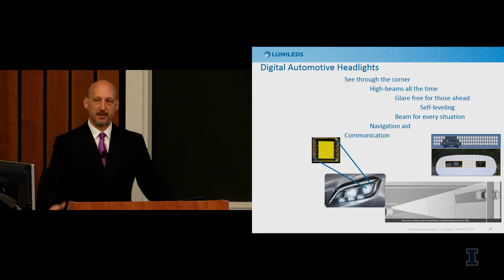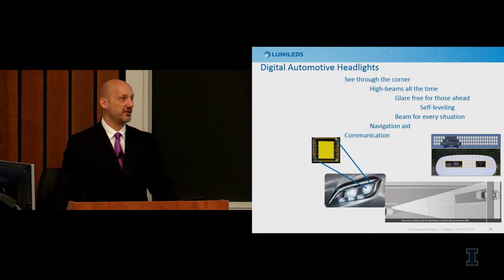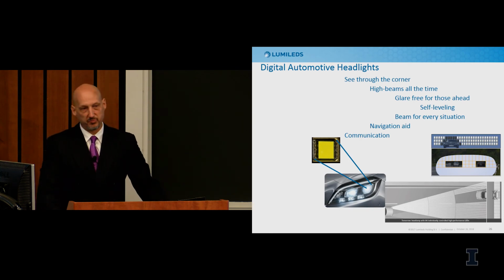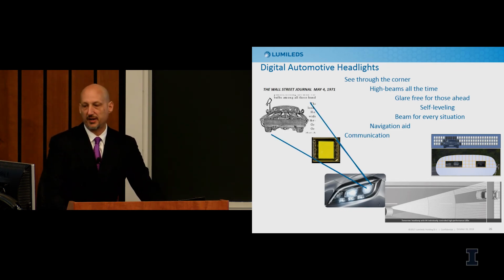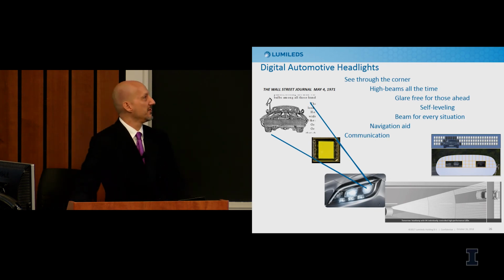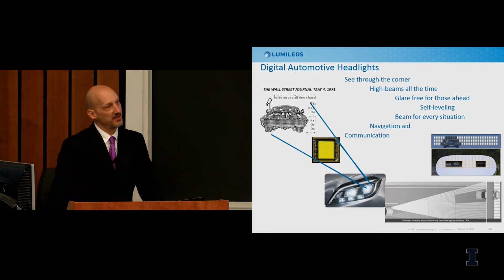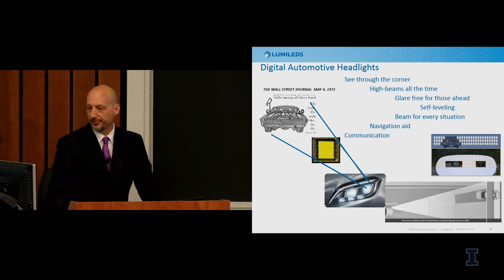So if there's snow there, I'm going to guide you right where the edge of the road is. So the whole concept of putting intelligence into the headlight is an area that's being worked on and developed. And this points us back to that 1970s Monsanto concept. People are working at developing micro LEDs for effectively making displays out of headlights in cars.